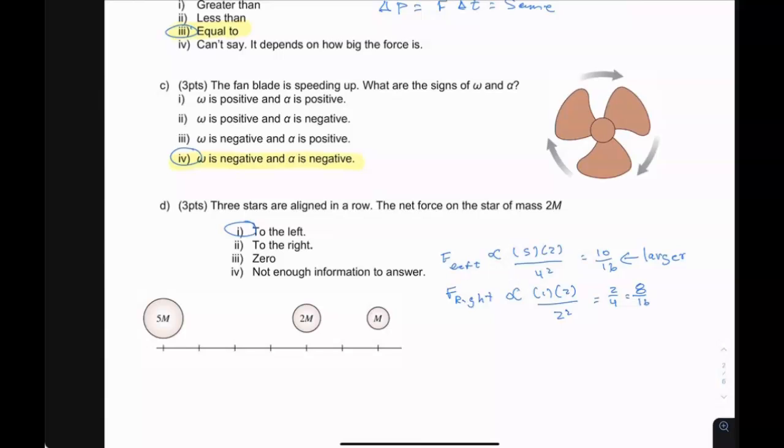In Part D, 3 stars are aligned in a row. The net force on the star of mass 2m is what?